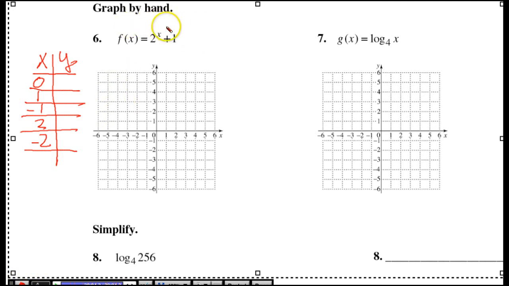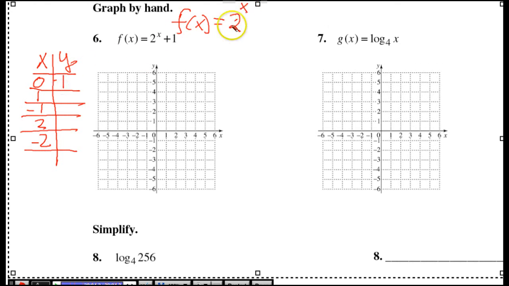Okay, let's just do some general work on this. If this were f of x equals 2 to the x power, then with our x values, without any plus 1 here, if x is 0, this is a 1.